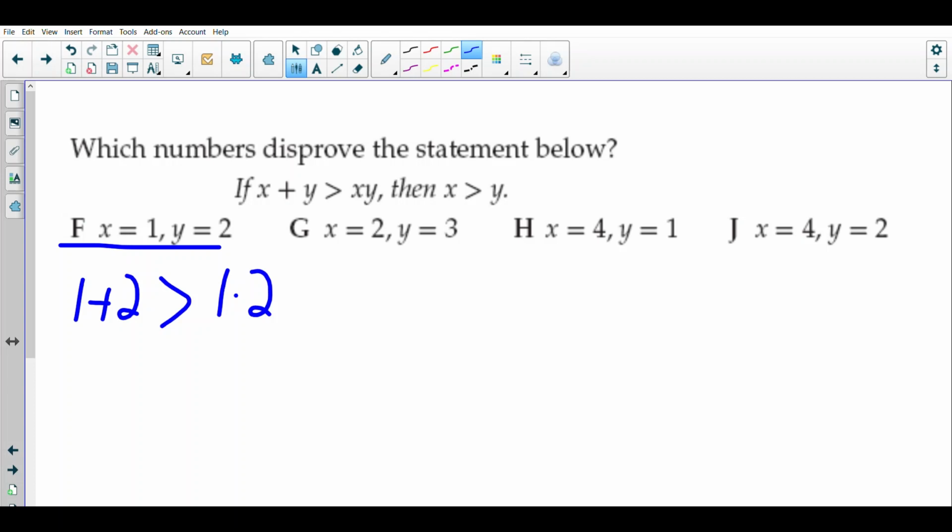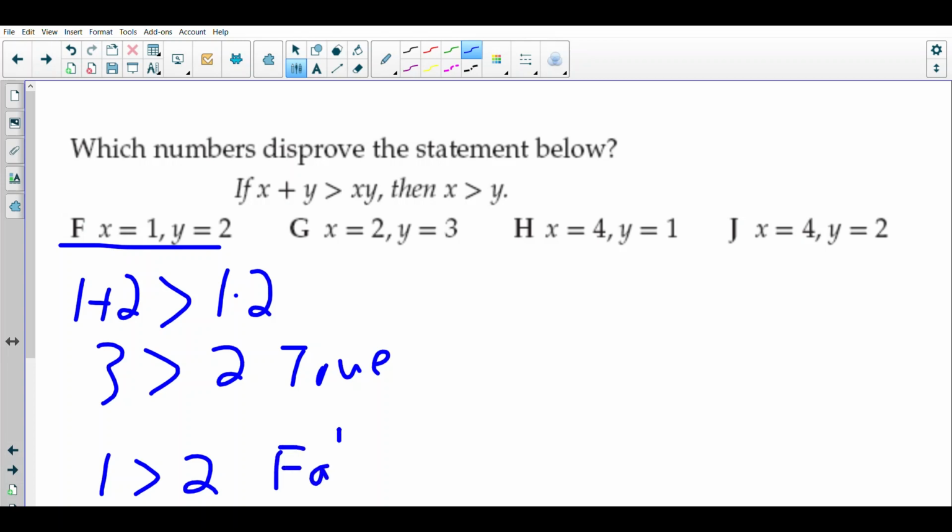Okay, so does this work? 3 is greater than 2, true, and then 1 is greater than 2, that is false. Well, that one works right away. So we want x to be smaller than y, so that one seems to work. Let's keep going.